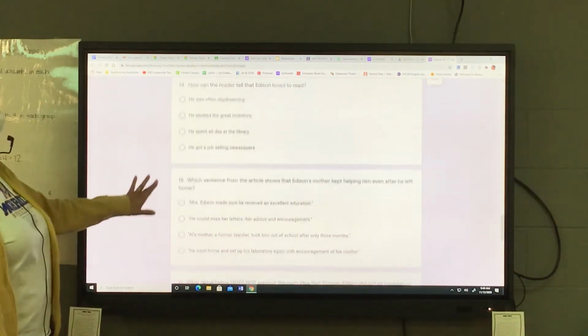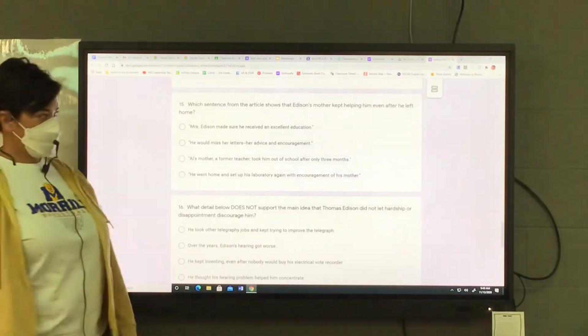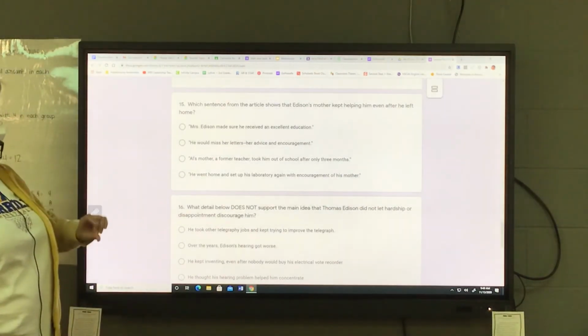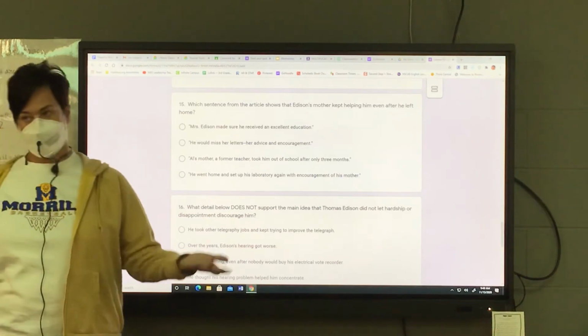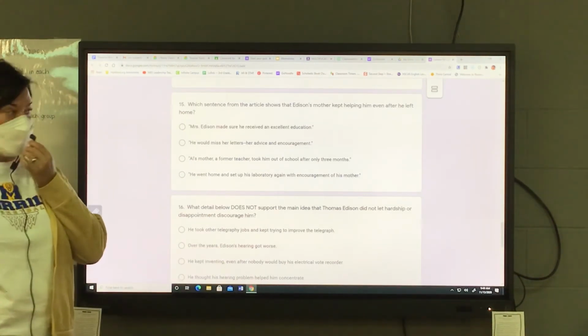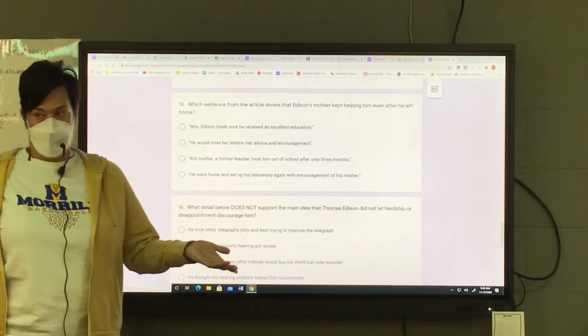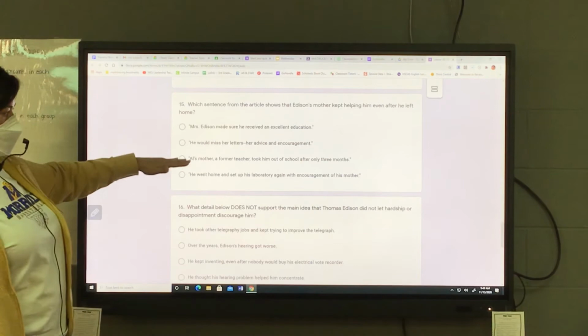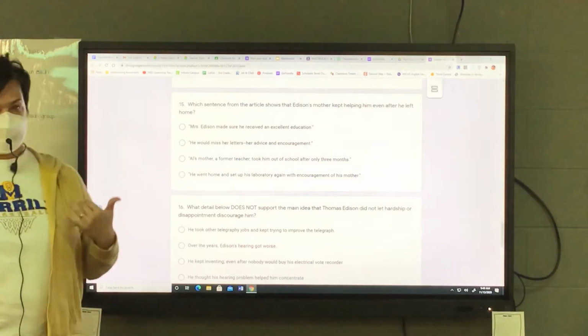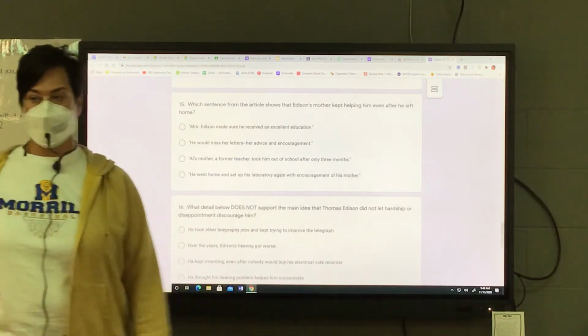Very good. Question 15. Which sentence from the article, from the story, shows Edison's mother kept helping him even after he left home? Which one of these show us that his mom kept helping him even when he wasn't living at home anymore?